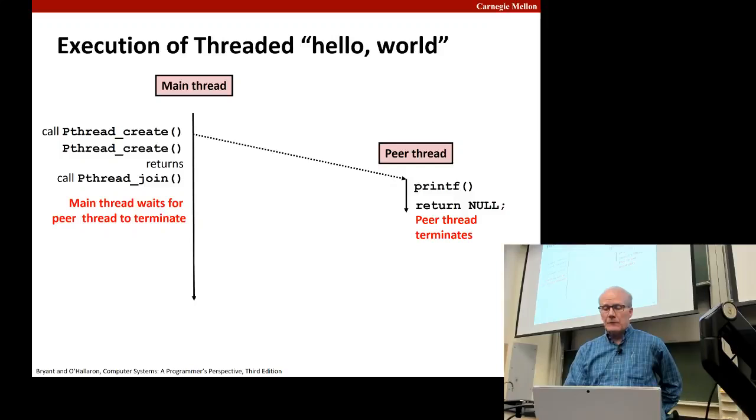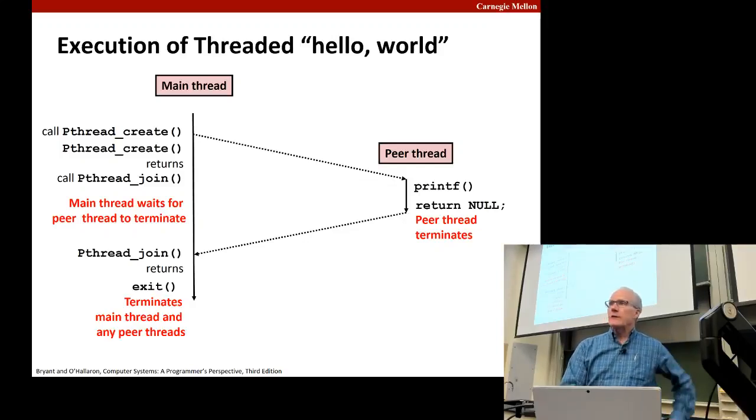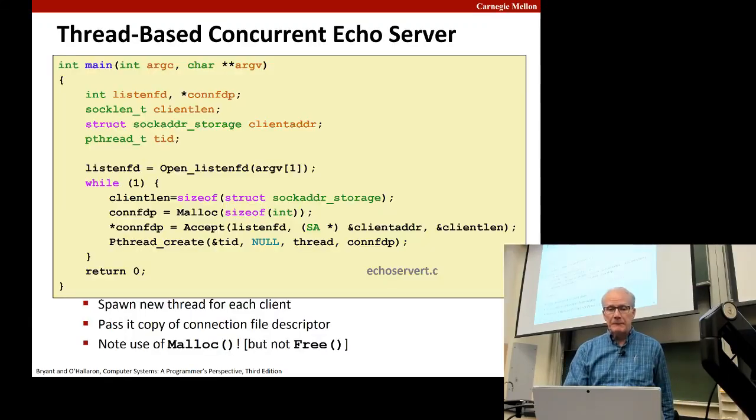And then the newly created thread calls printf and returns, and when it returns, it gets essentially reaped, although that's not the right term for threads, and the join will return. So that's the simple version of a pthread program.